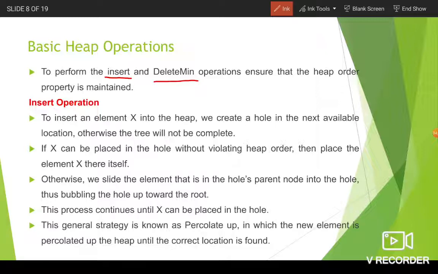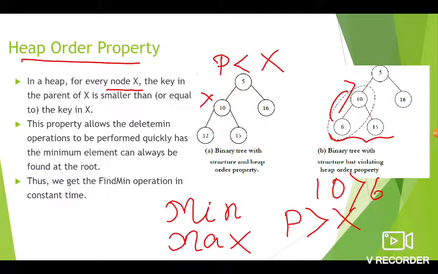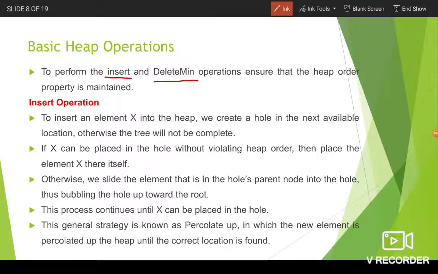To insert an element into the heap, first we have to create a hole. The hole is created in the next available location. After creating the hole, we have to check whether we can place X in this hole without violating the heap order. If so, you can insert the element X there itself.